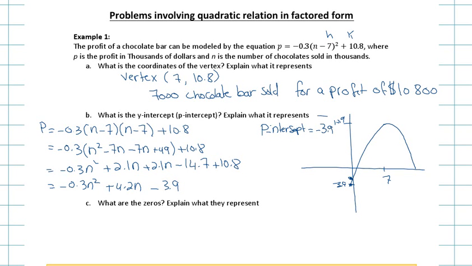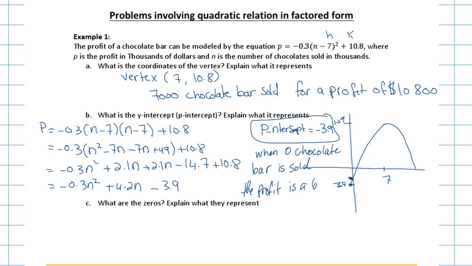Is negative 3.9. Okay? Now what does it represent? It represents that when 0 chocolate bar is sold, the profit is a loss of $3,900.